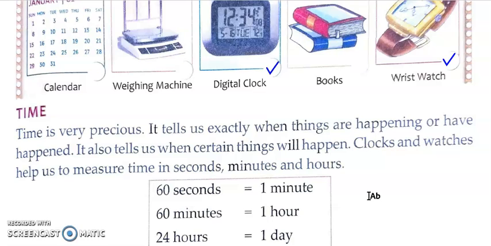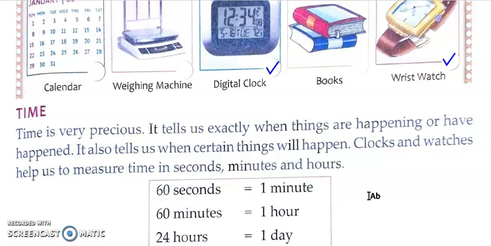See, in the whole day or every time we are doing our work according to time only. Whenever you were coming to school last year, you were watching the clock. Is it 6:30? Then you have to wake up. Is it 7 o'clock? Then your bus will arrive and you have to come to school.